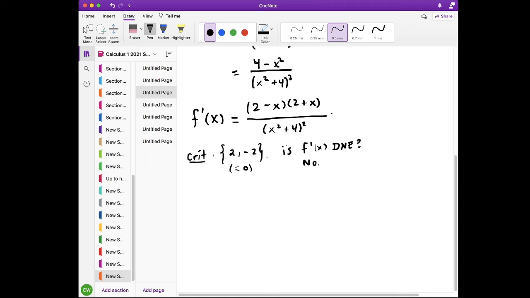Good, yeah. The denominator is always positive. And not equal to 0, most importantly.